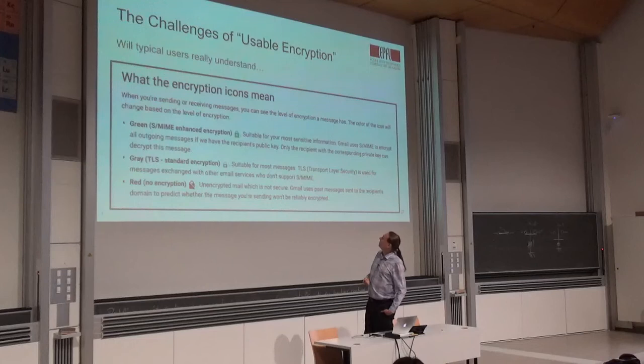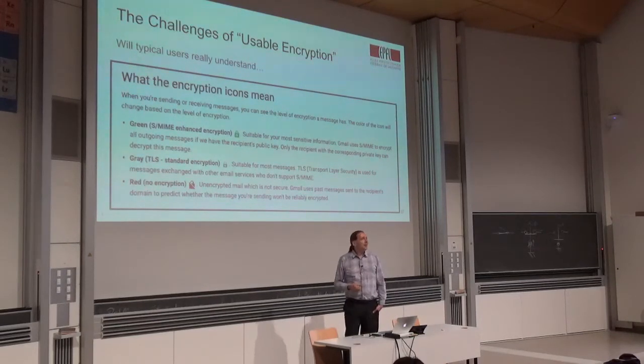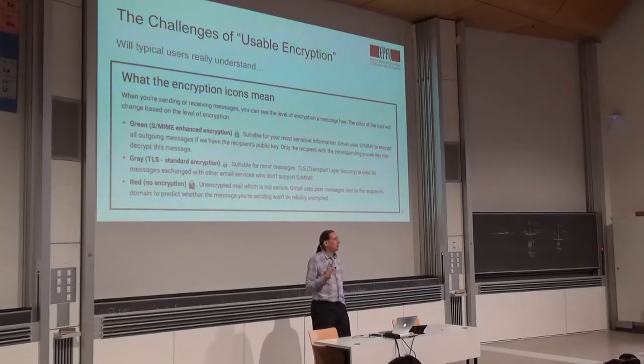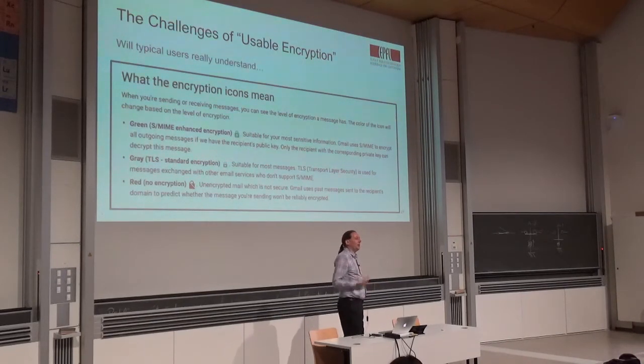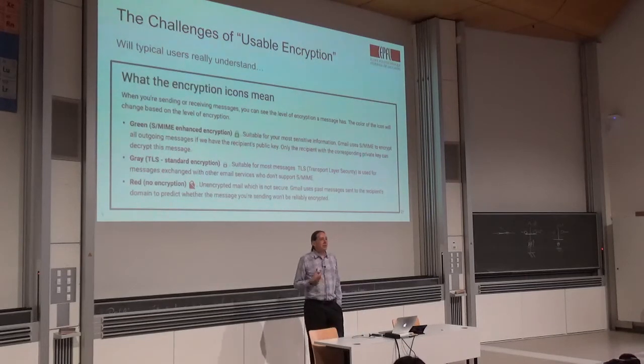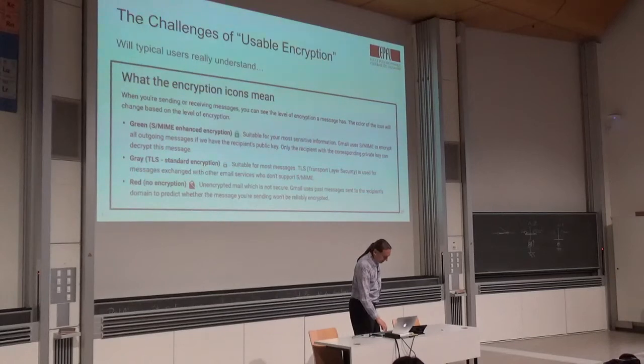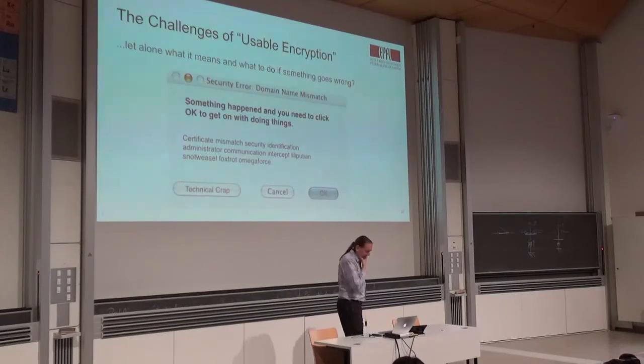What does it mean when it's green versus gray versus red? And what should the user do if it's not what they expect? Very commonly they'll just do nothing because they won't even notice. Web browser vendors have gradually been trying to improve the way they communicate security and make encryption more usable, but it's still a big challenge.